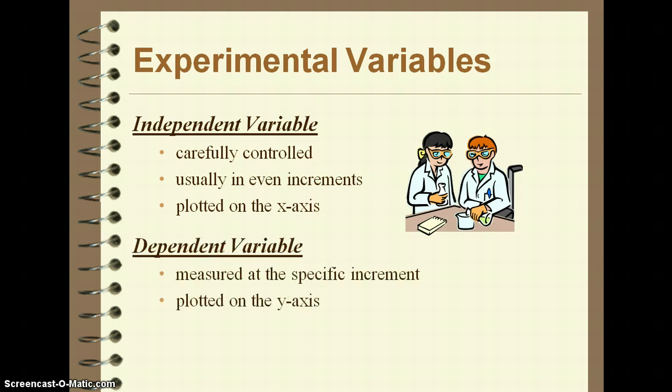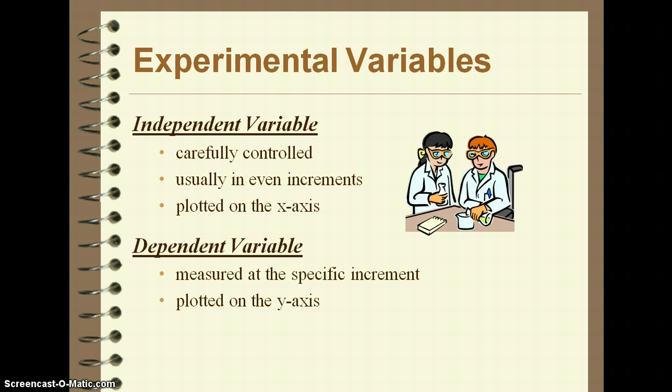So just some rules on graphing. We always have to identify the variables, and there's two variables. We have the independent variable and the dependent variable. The independent variable is always the one that's on the x-axis, and it's carefully controlled, and the experimenter, which would be you, purposely sets these numbers up in usually even increments, not necessarily even like 2, 4, 6, 8, but sets it up so that we have a consistent set of units.